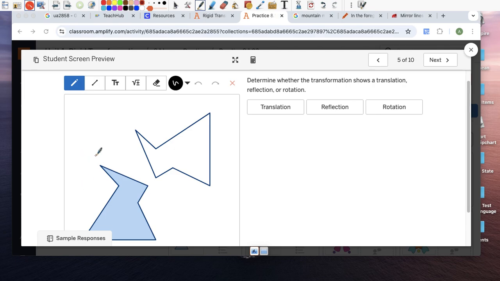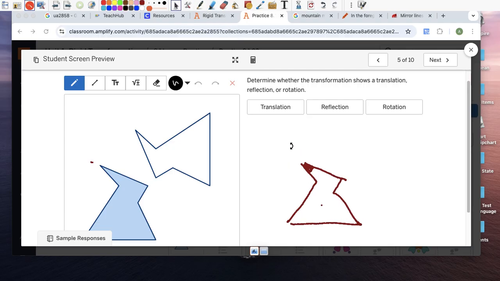So if you rotate this shape, let's see if I can actually do this. Let's see if I can rotate it. If I can rotate this, I think you'll see it.